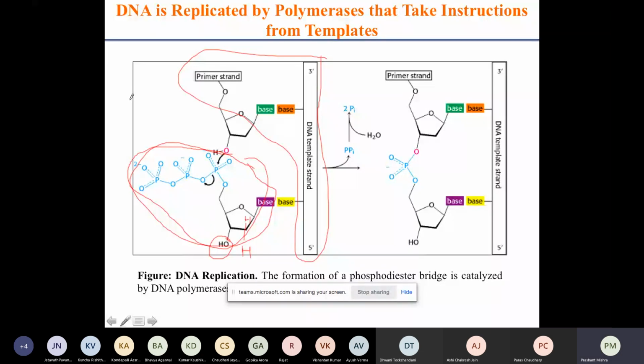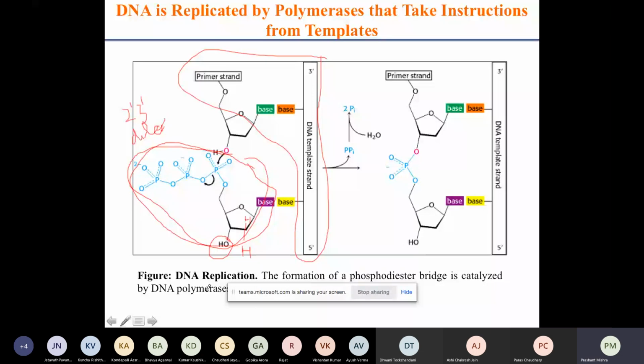So this is the 2' position, this is the 3' position. So I have taken a base which is 2', 3' dideoxy. Can you think of what the dideoxy is? Dideoxy means at both positions I don't have oxygen present. So here oxygen is absent, here oxygen is present.